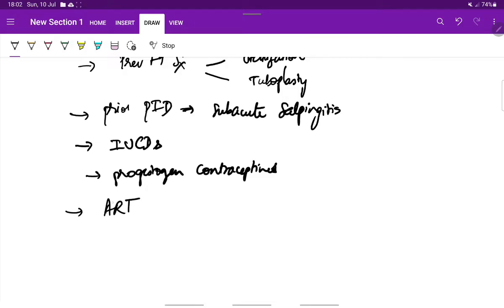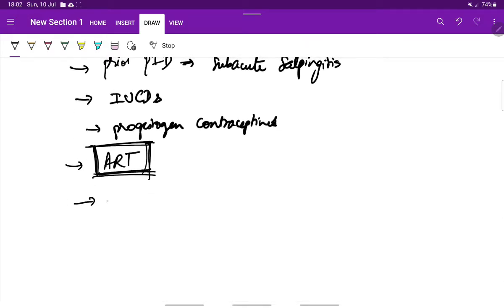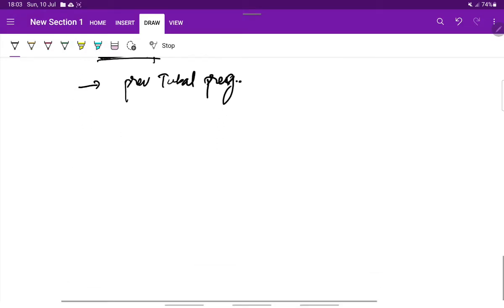And assisted reproductive techniques, which are becoming more popular nowadays, are the most important risk factor for ectopic pregnancy. Another important thing is previous tubal pregnancy, previous history. So these are all the risk factors.